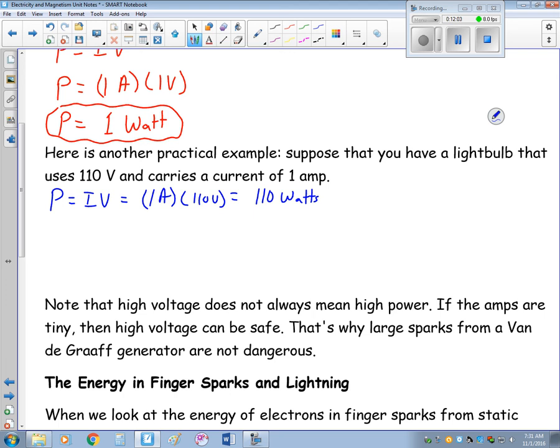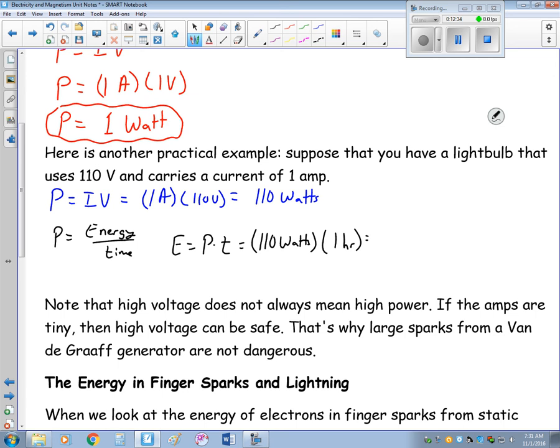Power also equals energy per time. So energy must equal power multiplied by time. So I can then do a calculation of 110 watts, and let's say this thing is left on for 1 hour.